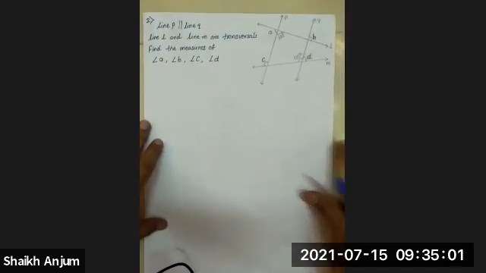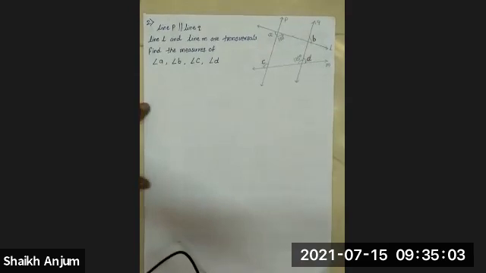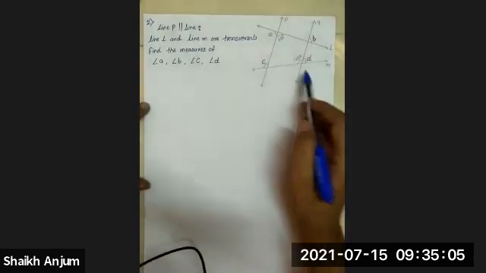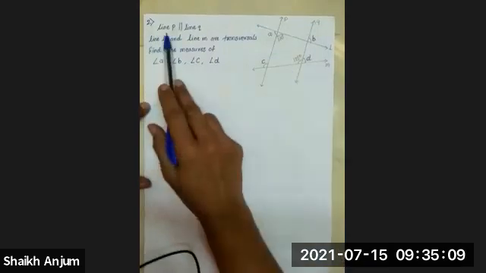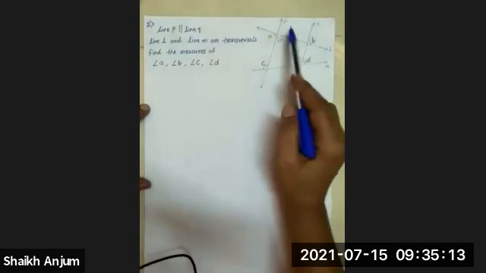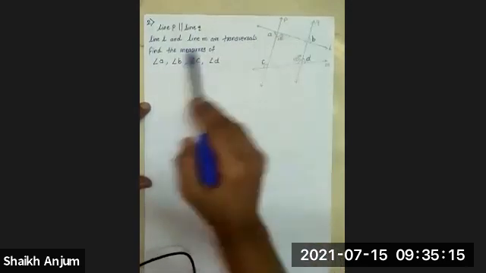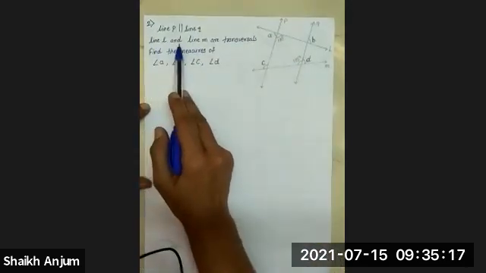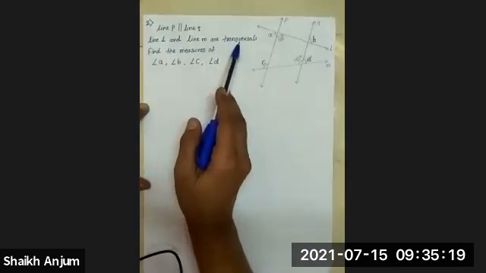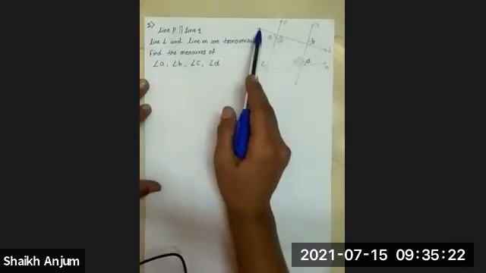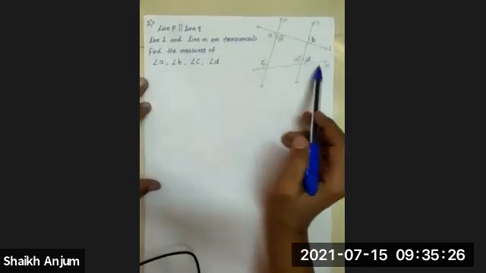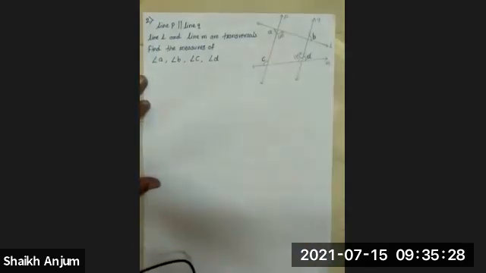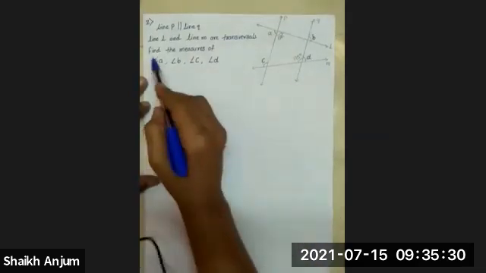Here is the second example. You can see the diagram. Line P is parallel to line Q. And line L and line M are the two transversals given.